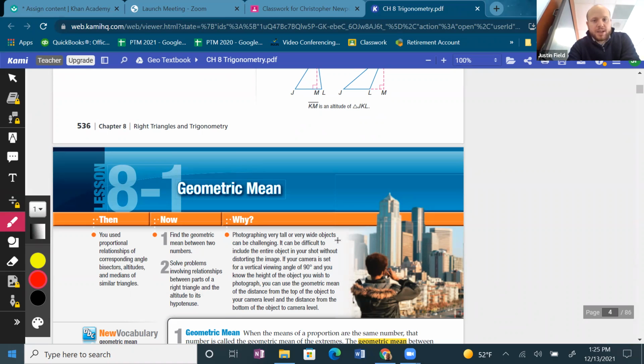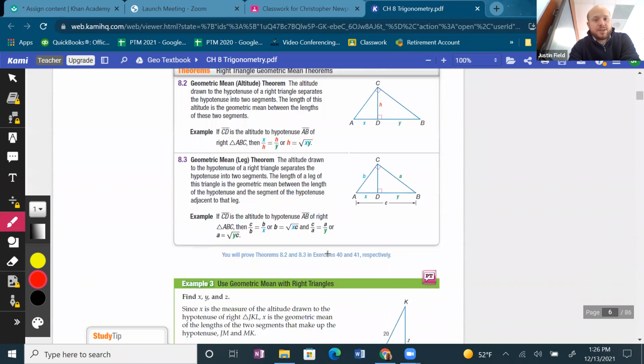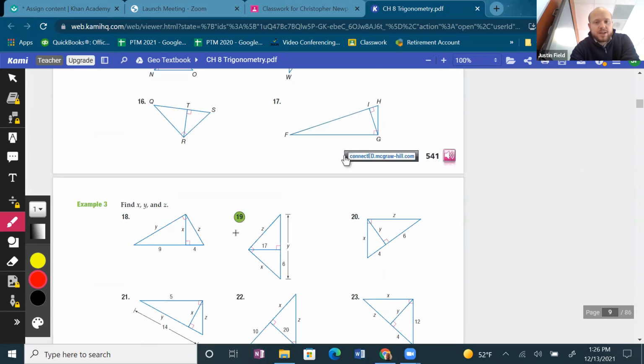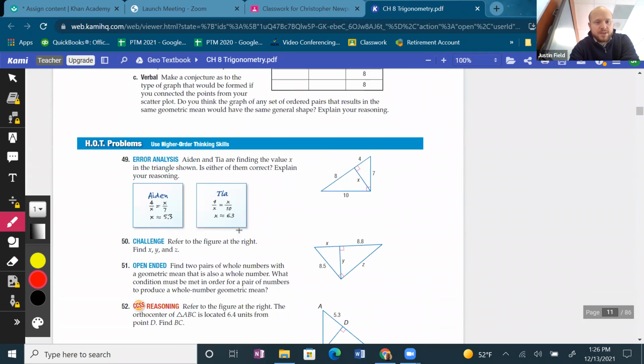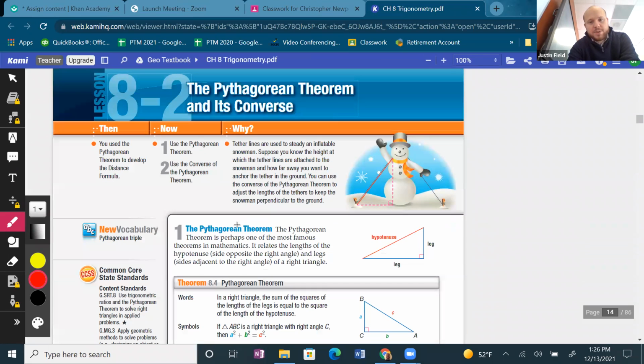Geometric mean is important, but we're going to skip it, because the things that geometric mean covers end up in other things. And you have the information, so if you want to learn it, you can read that section and ask about it and put it in an organizer. But for this video, we're going to start with the Pythagorean theorem and its converse.